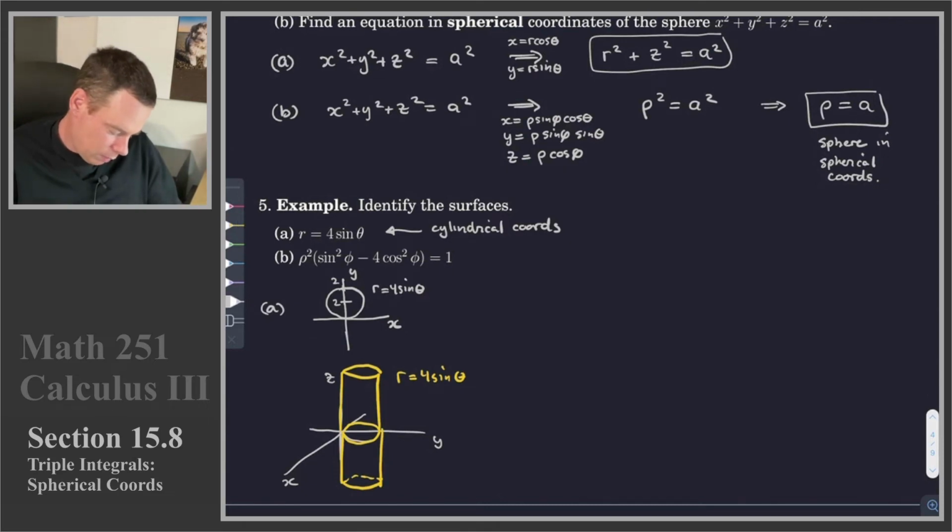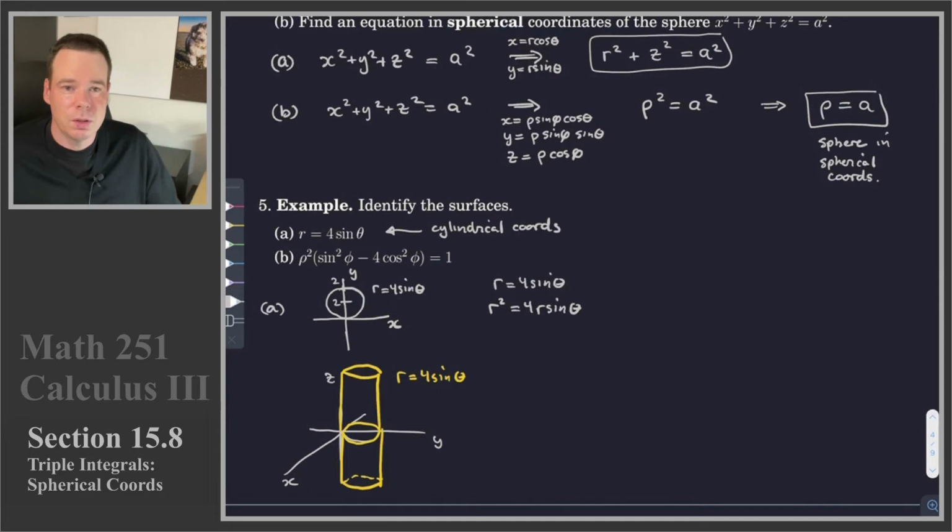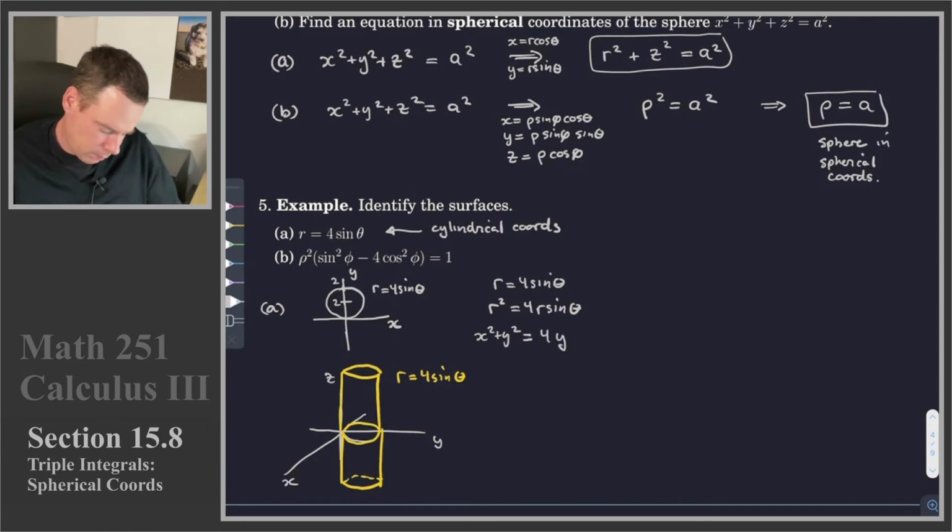However, another way we could see that is to take the equation itself and multiply through by r. The reason I'm multiplying through by r is that I'm going to put this equation into an equation involving x's and y's and z's. Here, r squared is x squared plus y squared, and r sine theta is y. So this becomes x squared plus y squared minus 4y is equal to 0, or x squared plus (y minus 2) squared is equal to 4.